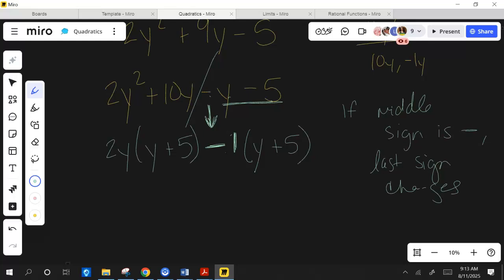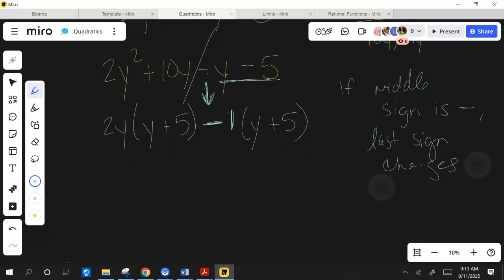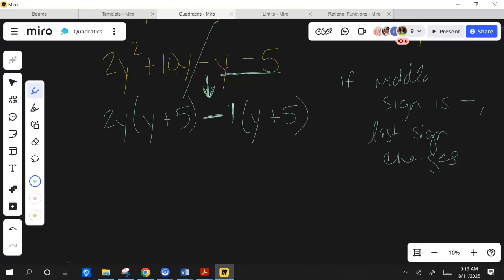That's because if that middle sign is a minus, that last sign is going to be the opposite. That's the hardest thing to remember. All right, so tell me what this looks like factored. What's the common factor here that you're going to take out for GCF? Y plus 5. And what's left? 2y minus 1.